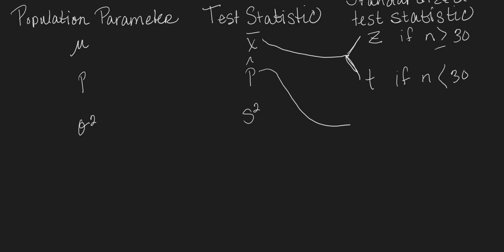If we're working with p hat, we are going to use the z-test statistic. And if we're working with the standard deviation, we're going to work with, you've probably heard this term before, the chi-square.